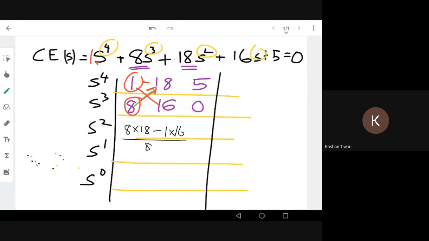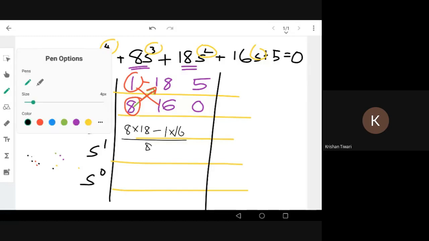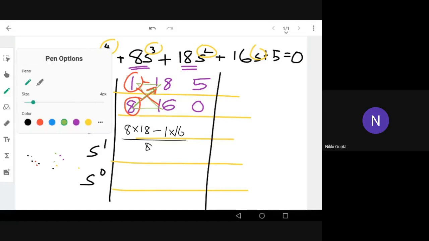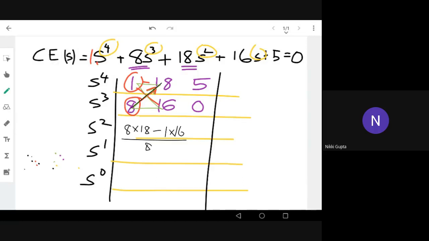That is the starting element. I'll repeat: start from bottom 8 into 18, then minus 1 into 16, again divided by 8. Just remember this: bottom to top, then to the left with the minus, and then come back and divide by the first element. So this is our b1 element.